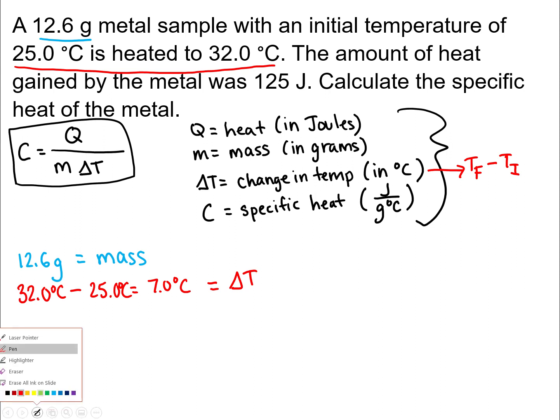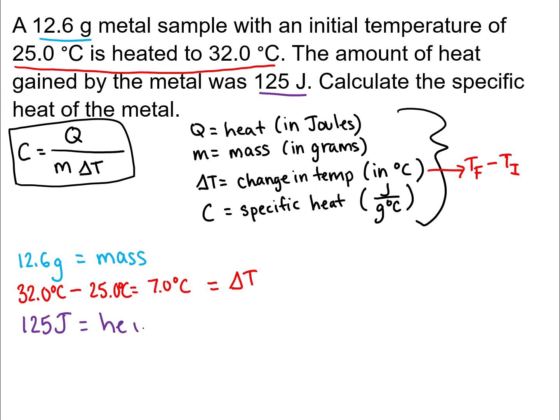The last bit of information that we have is 125 joules. Since the units are joules, that means it's some kind of energy. It has to be our heat, which is Q. If you assign each of these, then it becomes more clear which variable you have to solve for.